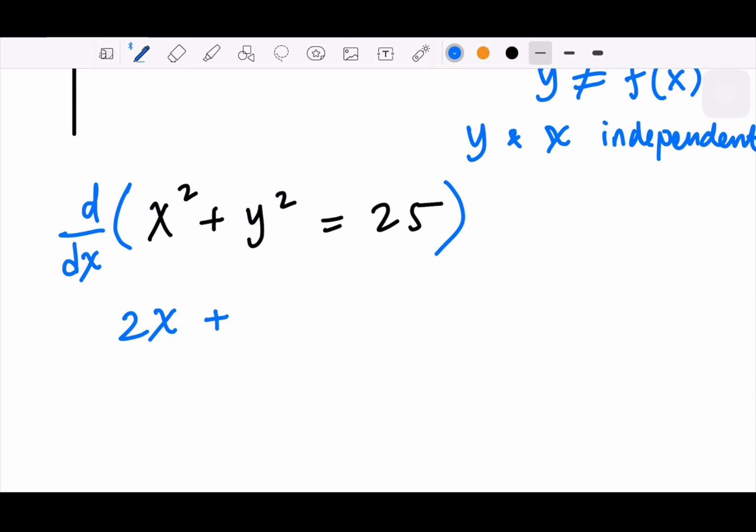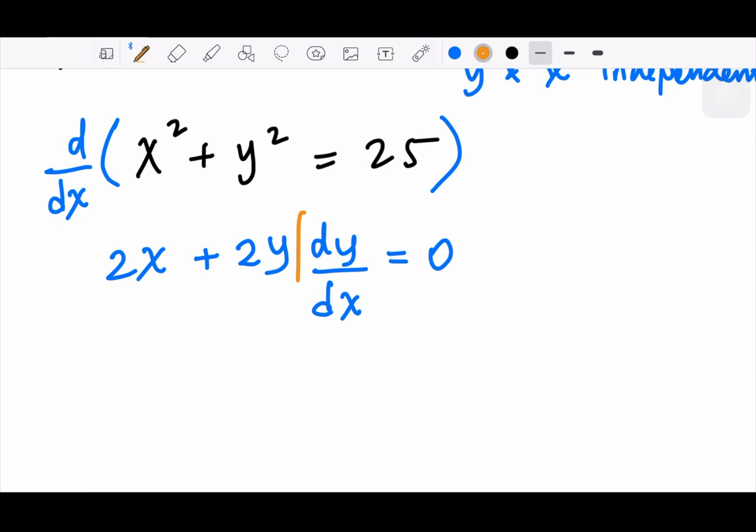Now plus y squared, it has 2y, and then you need to add dy over dx. Now, how does this dy over dx appear? Because we treat y as a function of x. I hope you get my point here.